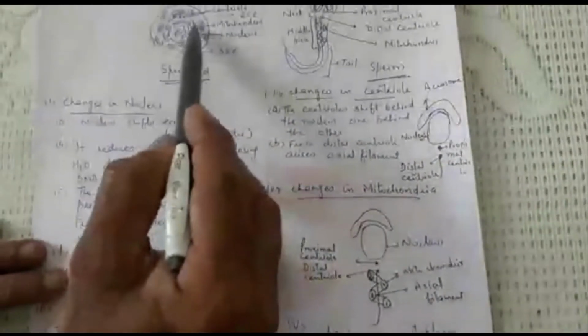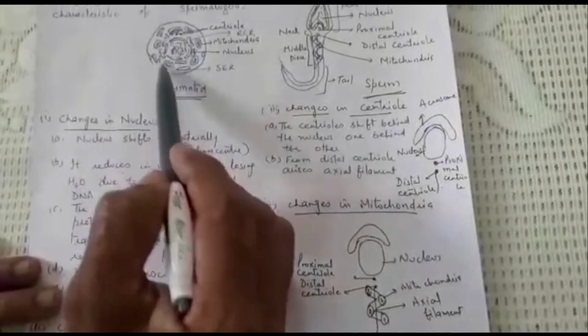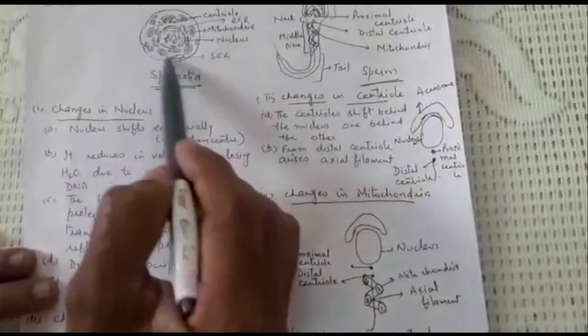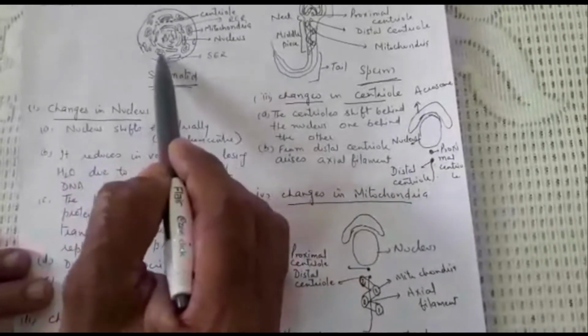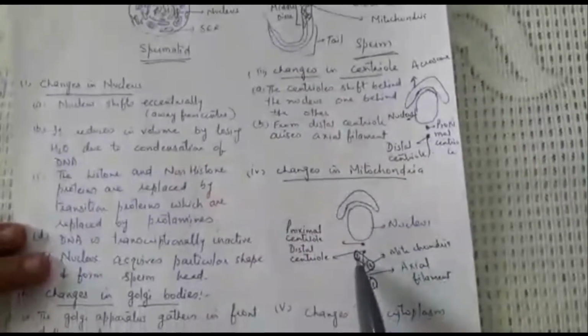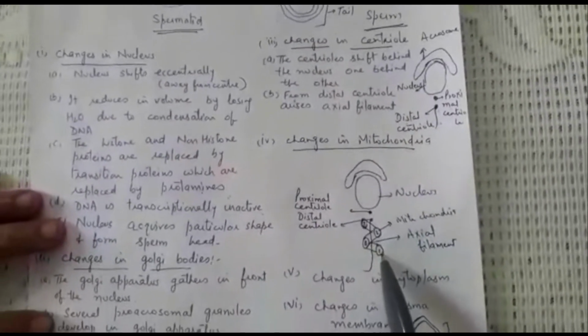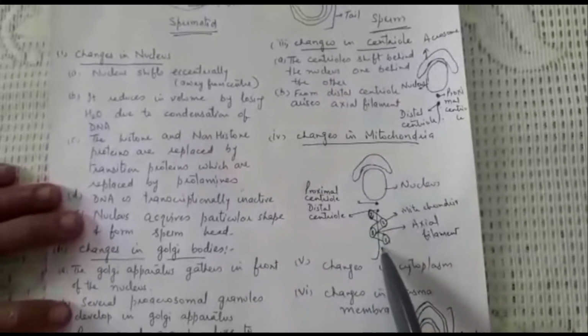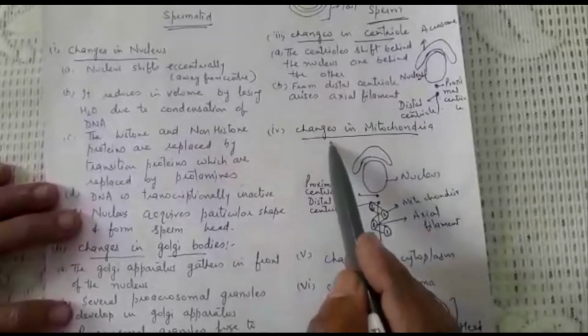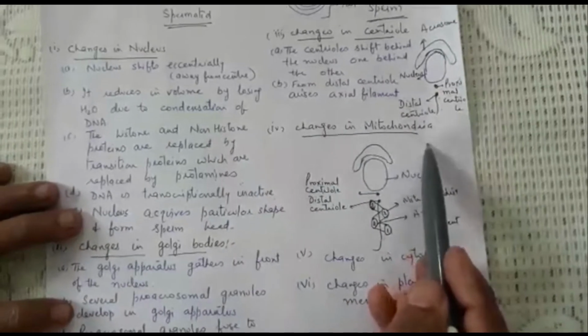It means mitochondria of the spermatid fuse with one another. As they fuse with one another, naturally their number decreases and their size increases. So number decreases, size increases, and they get spirally arranged around the axial filament. So this is the change that occurs in mitochondria.